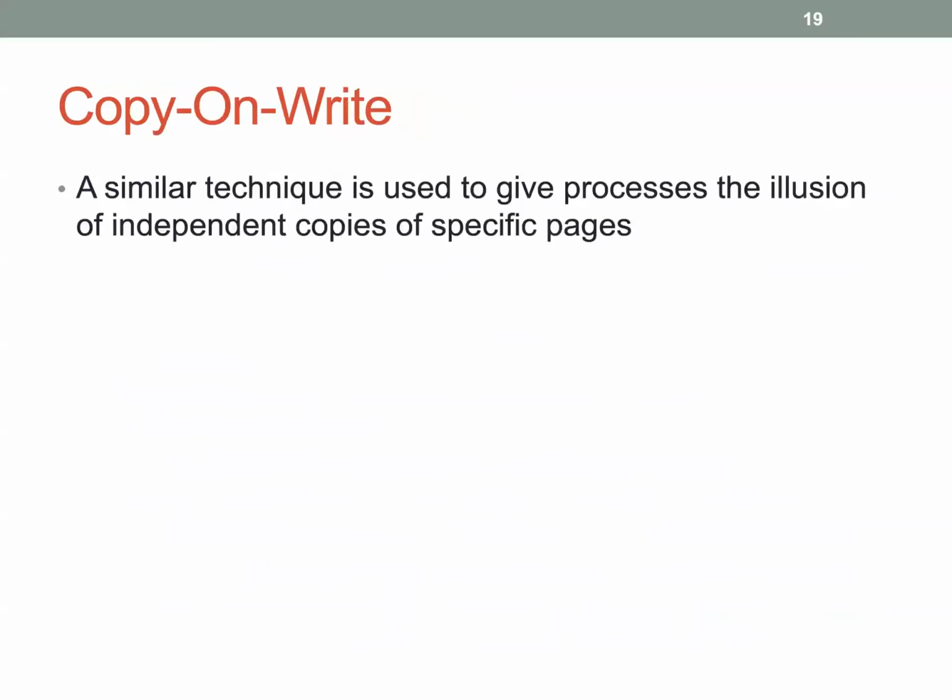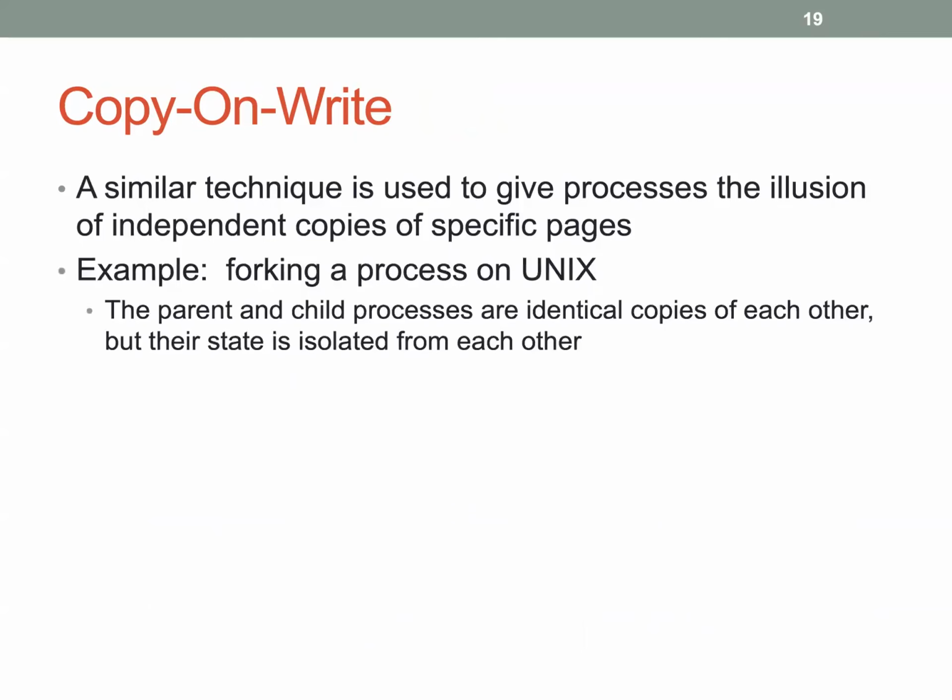Okay, another cool technique you can implement called copy on write. So copy on write is a mechanism for efficiently handling the sharing of information or the sharing of state across multiple processes, or you can implement copy on write in other contexts as well. It's certainly not only in this specific context I'm going to talk about.